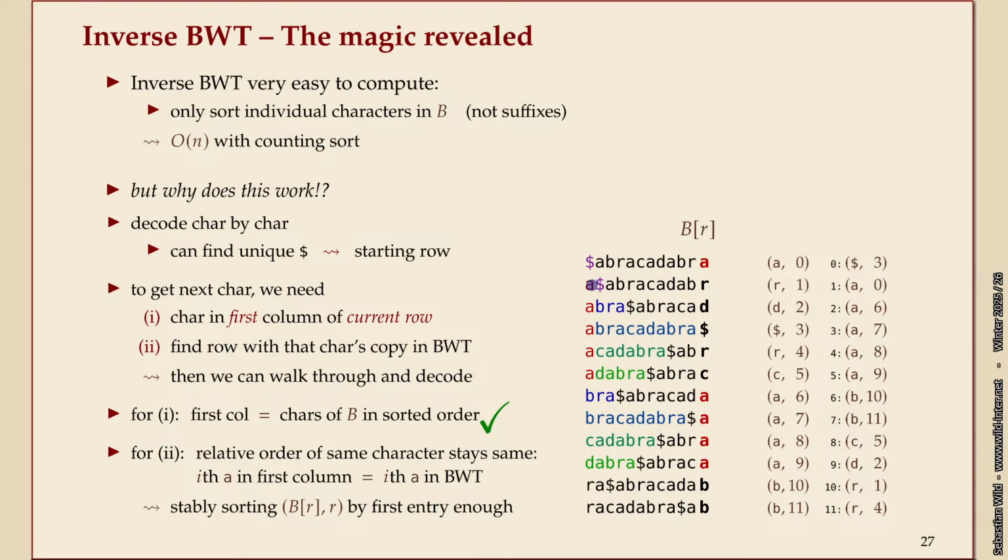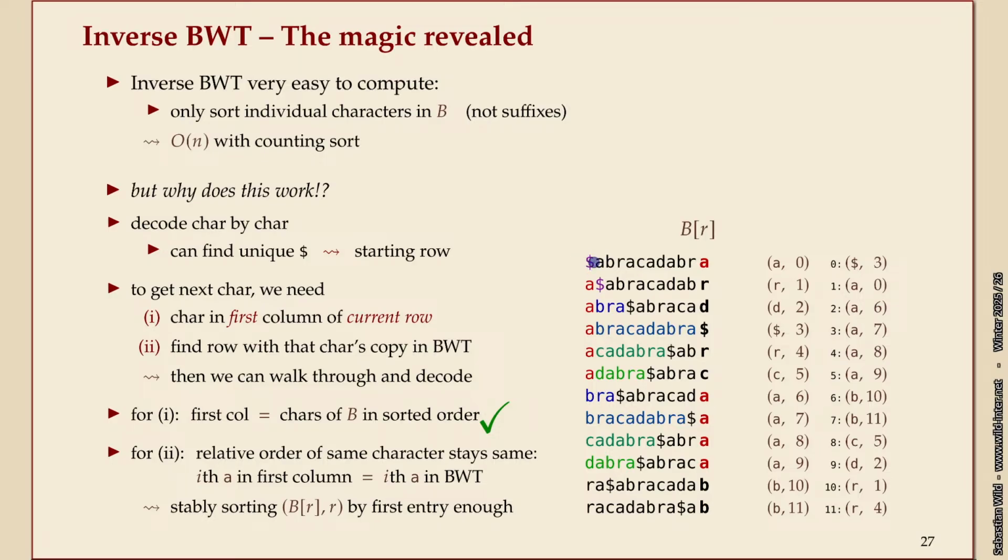Now, if you take the A away and you go to the cyclic rotation shifted by 1 character, these A's were all tied, so the comparisons were all decided by what followed the A. If I take the A away, all these 5 suffixes or cyclic rotations will be sorted in the same way, because the dollar following the A here is still smaller than everything that followed A here.